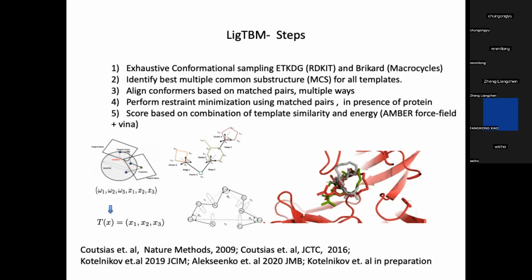So the idea of what we do here is you take a ligand, identify if there is a maximal common substructure to a target, take the original ligand, and very exhaustively sample it. It's around 10,000 conformations, sometimes even more, and then try to fit all possible ways to the target protein. The target protein could be derived from your provided structure.